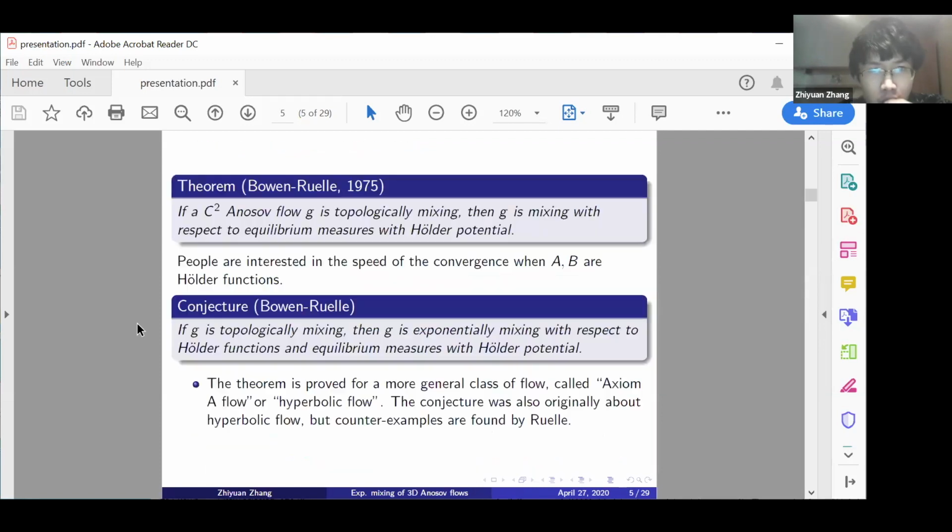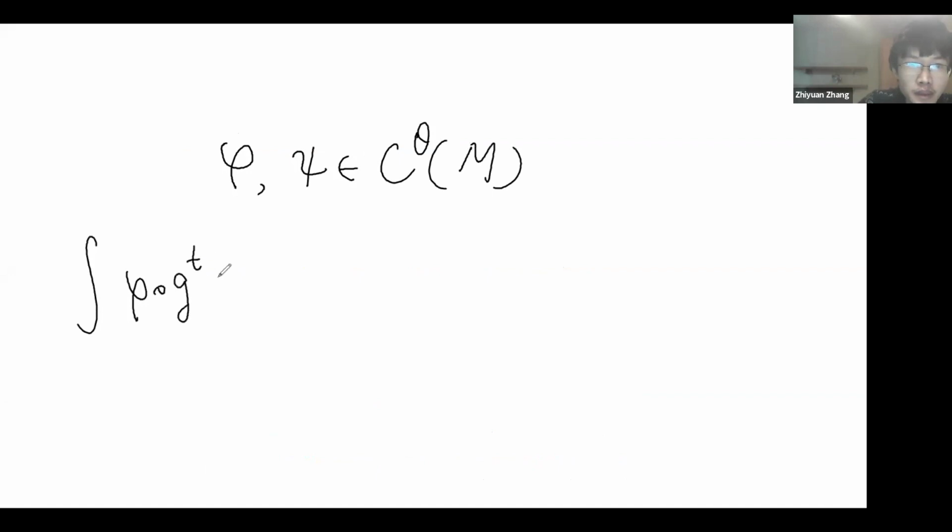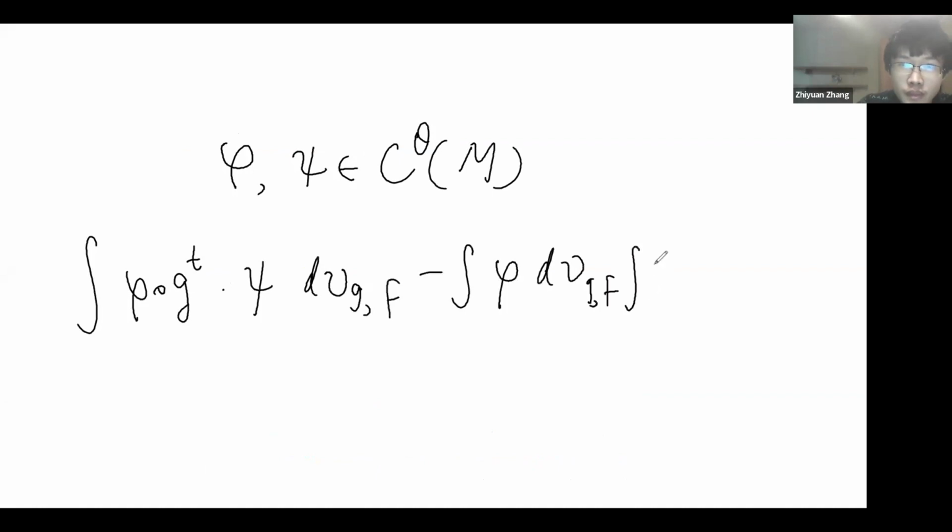What do we mean by exponentially mixing? It means that given two functions, this correlation is smaller than C e^{-kappa T}.